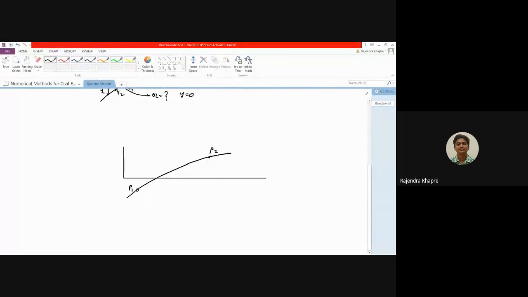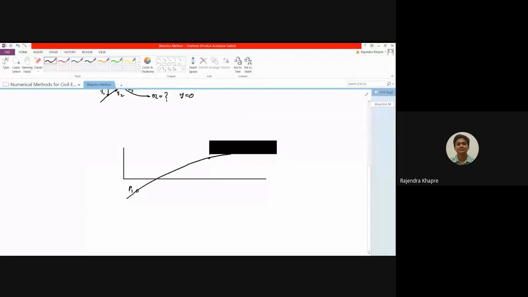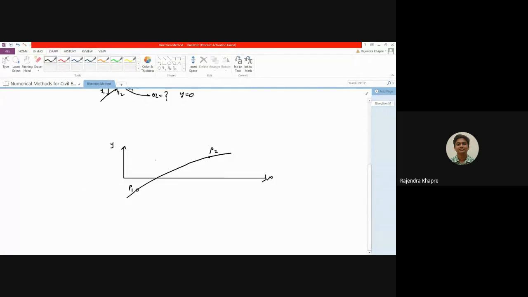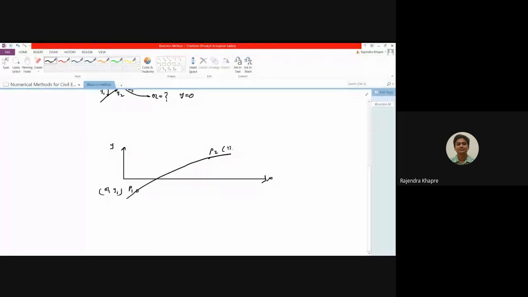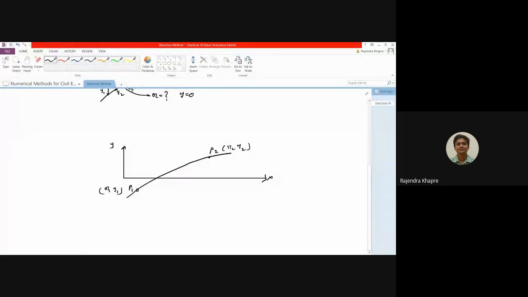If you observe carefully, both the points are on either side of the x-axis. Here this is your x-axis, and this is your y-axis. One point is on the negative side of y, and one is on the positive side of y. Let us say P1 has coordinates x1 and y1, and P2 has coordinates x2 and y2. So what exactly does bisection mean? We are bisecting these 2 points.